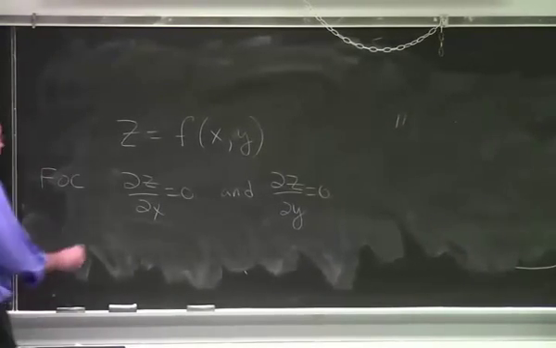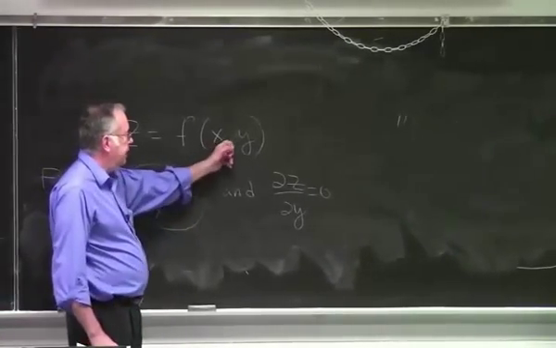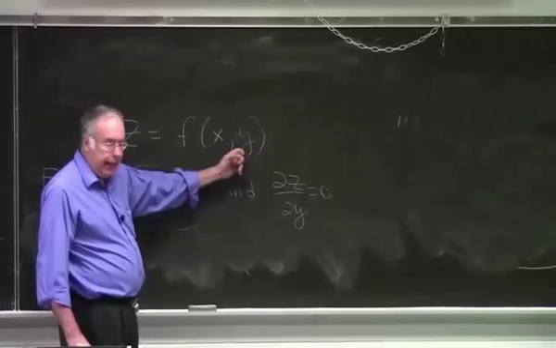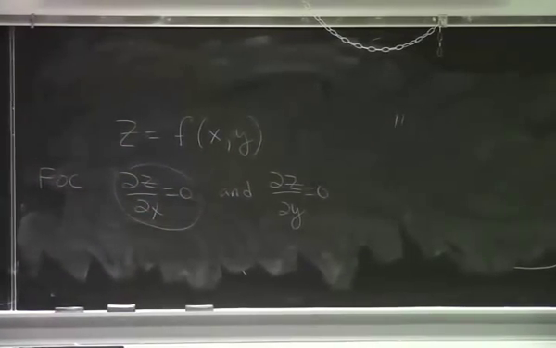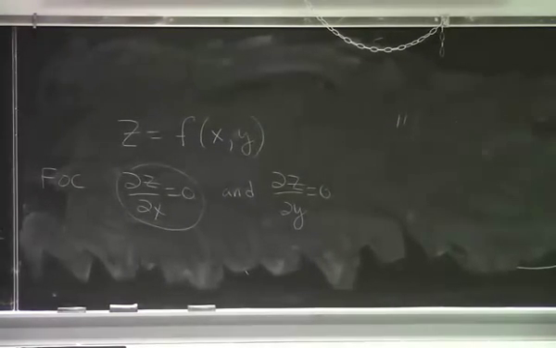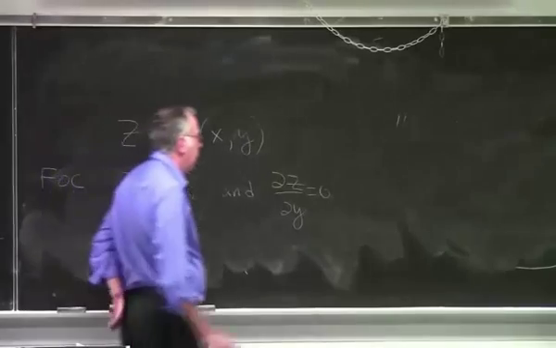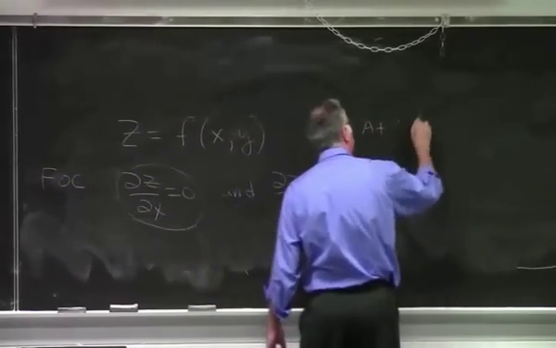Suppose you're at a point, x0, y0. And at this point, you evaluate partial z, partial x, and partial z, partial y. Suppose partial z, partial x does not equal 0.